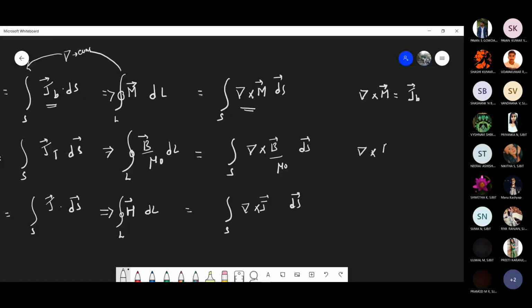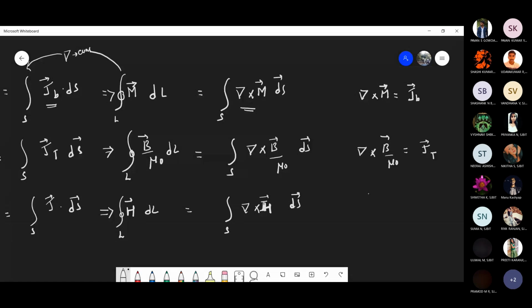Curl of B by mu naught is equal to the total current density J_T.